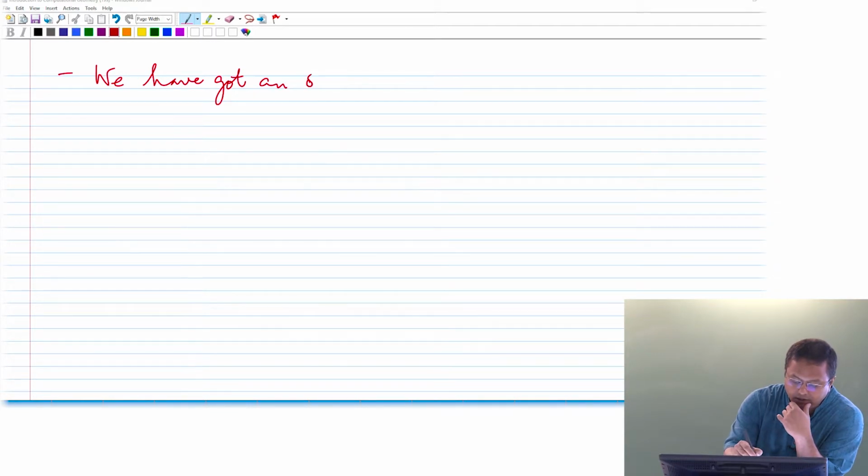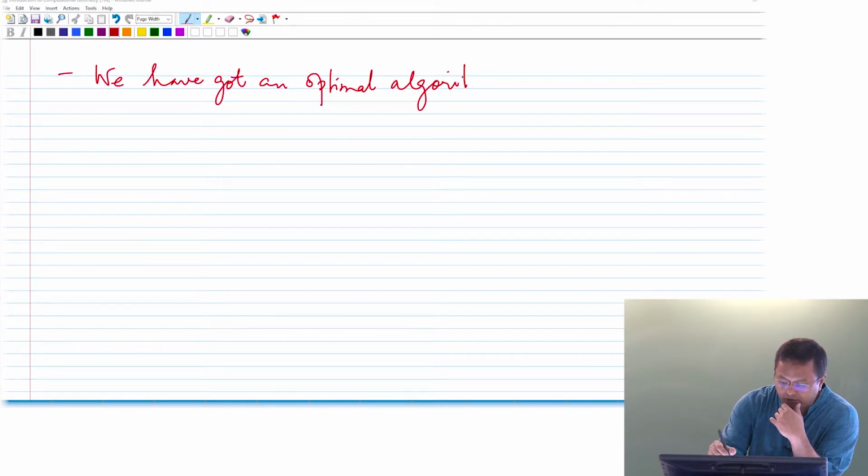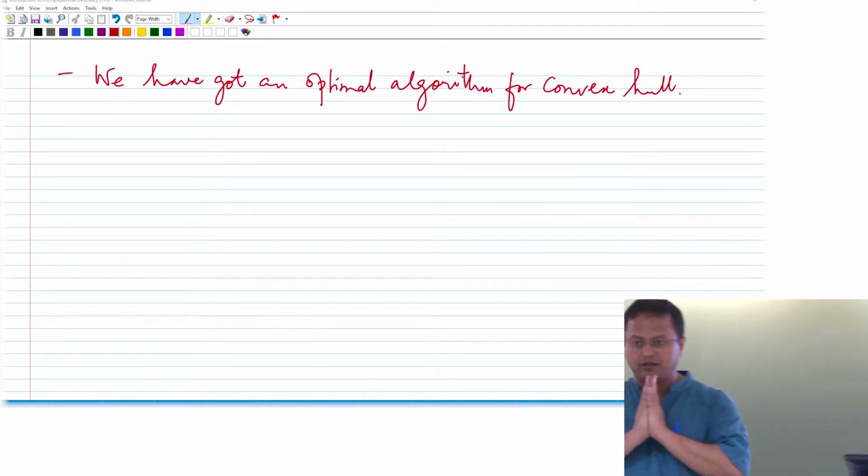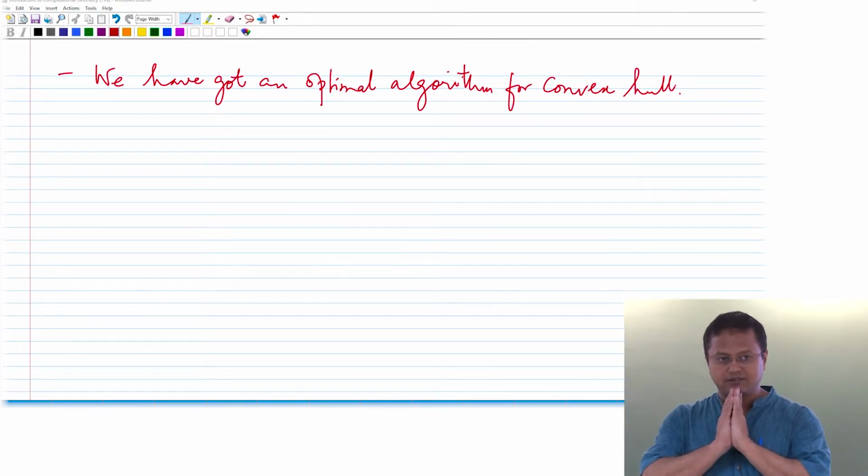From this Graham scan algorithm we know that we have got an optimal algorithm for convex hull, because the lower bound of the problem was n log n and my algorithm has hit this n log n. So I have done an optimal algorithm. So, can I do something better?